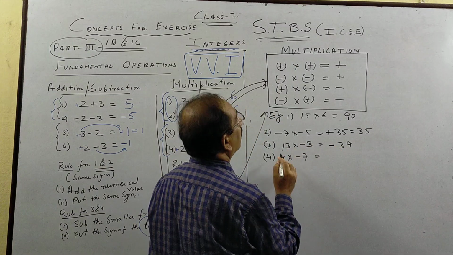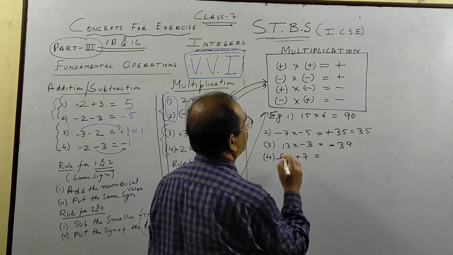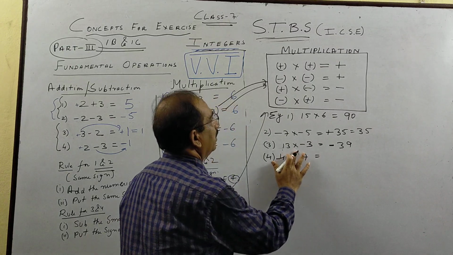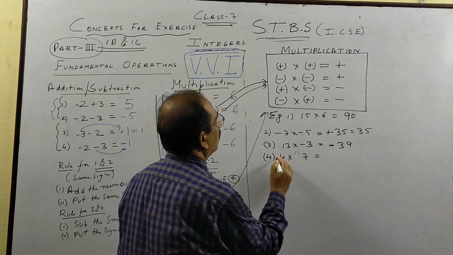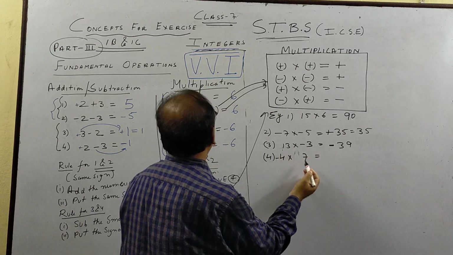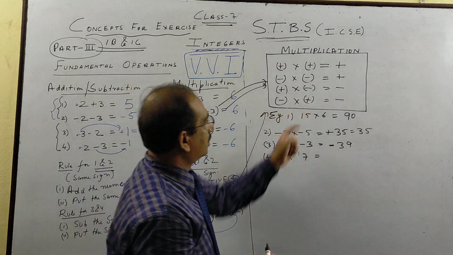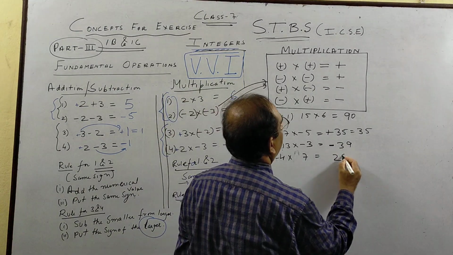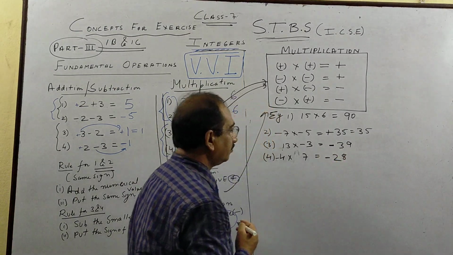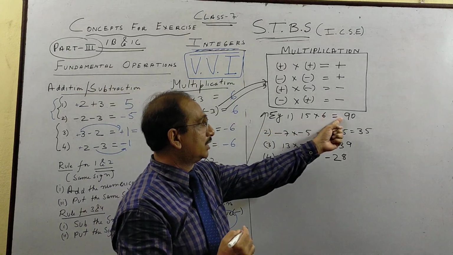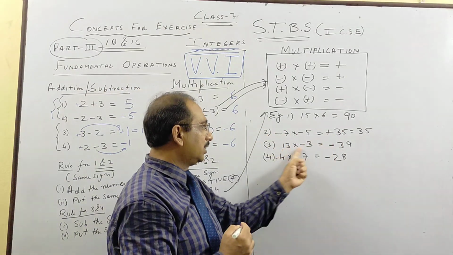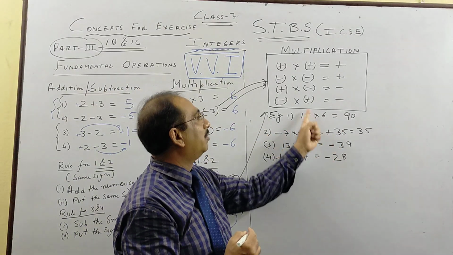Here I could have done minus into plus. So minus into plus, we get 7 4s are 28 minus. So once more, plus plus plus, minus minus plus, plus minus minus, minus plus minus.